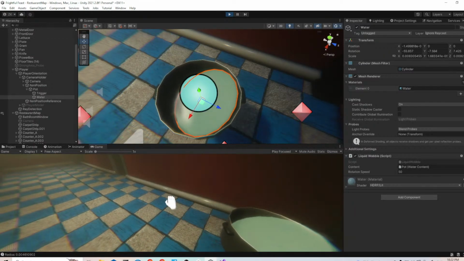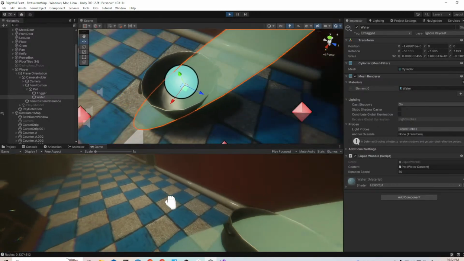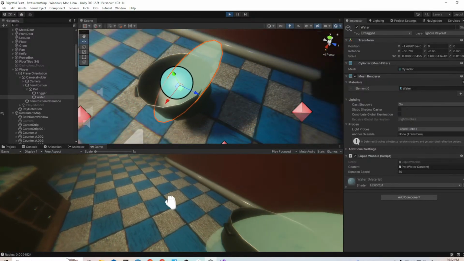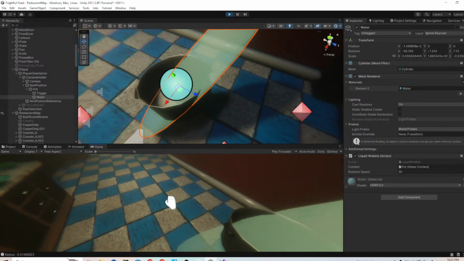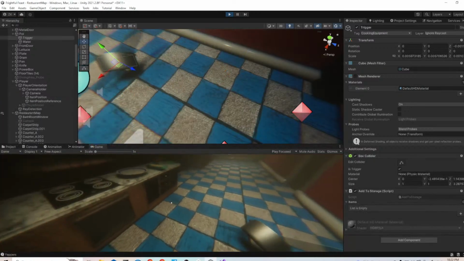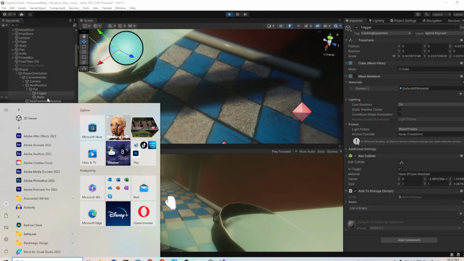Why is it? So what is changing? See the trigger. That doesn't change. So this isn't changing. The water is though.